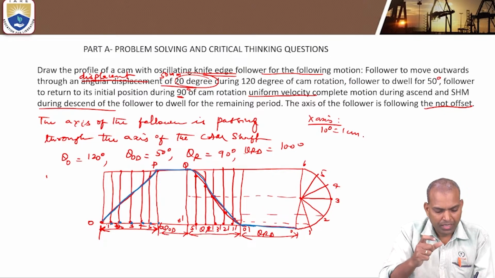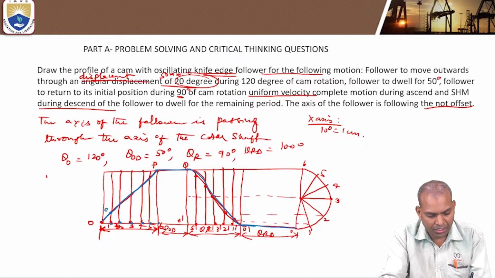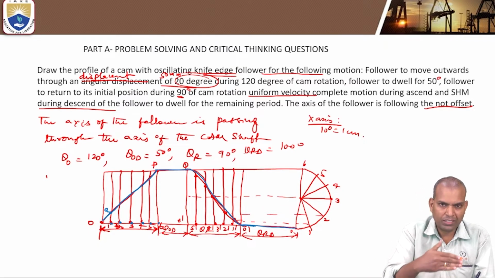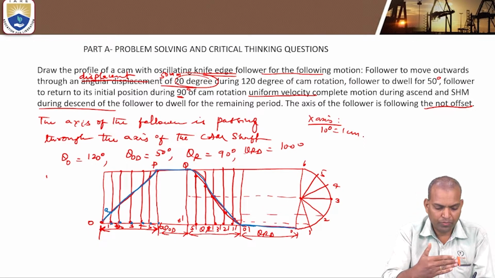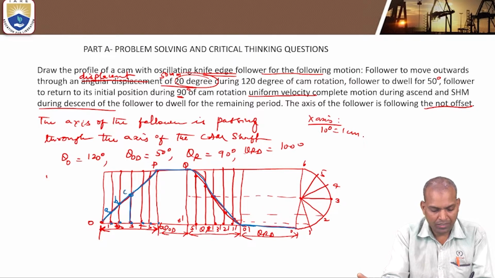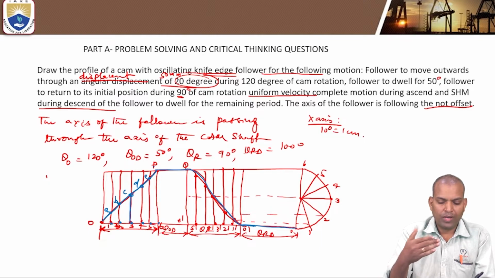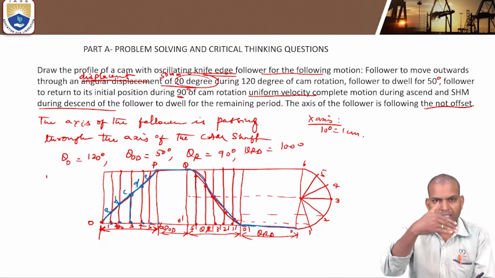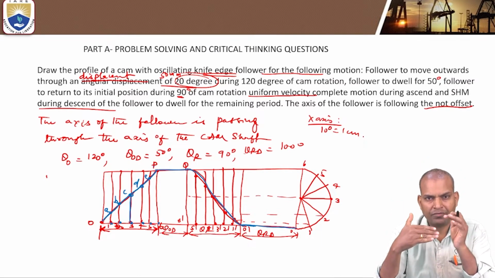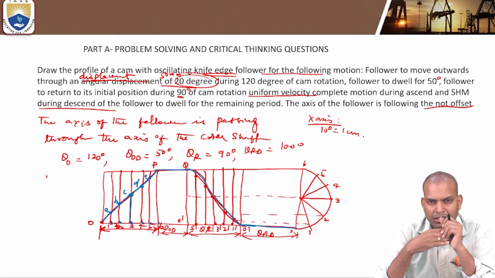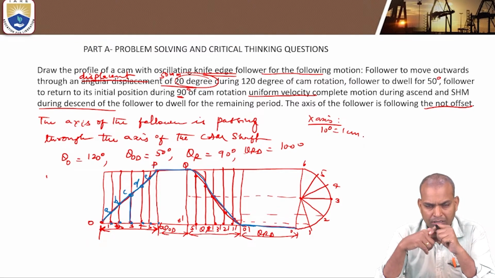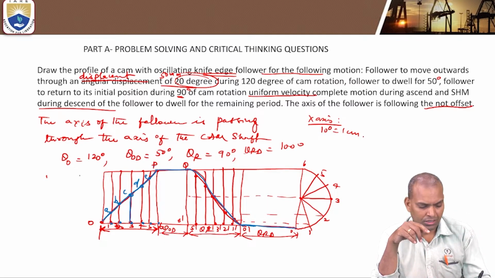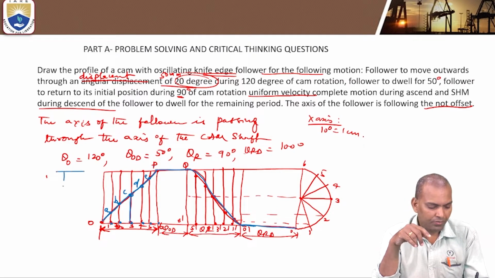At the initial 20 degrees, it is at point A. The follower is moving vertically, from 1 to A. Next, from 2 to B it moves, again to the level of C, D, E, finally P. So at the end of 120 degrees of rotation, the maximum displacement of the follower takes place. That is known as the lift of the follower. Here the lift of the follower is 50 millimeters.